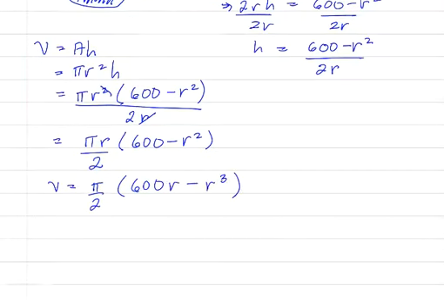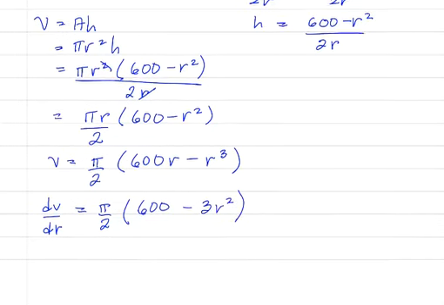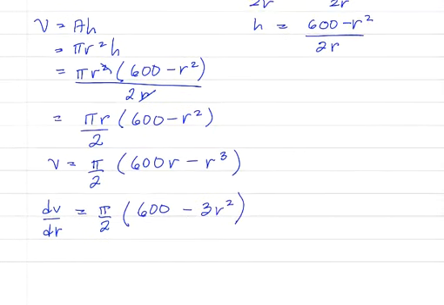Pi over 2 is a constant. That's not going to interfere with anything. So dV by dr is equal to pi over 2 times (600 minus 3r squared), when you differentiate 600r with respect to r.